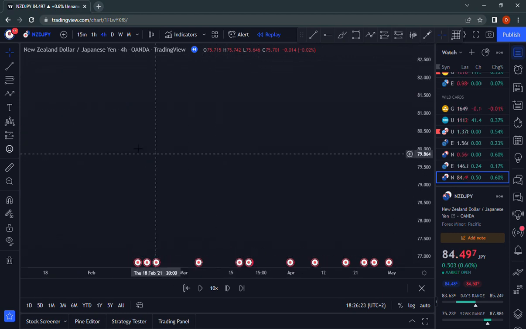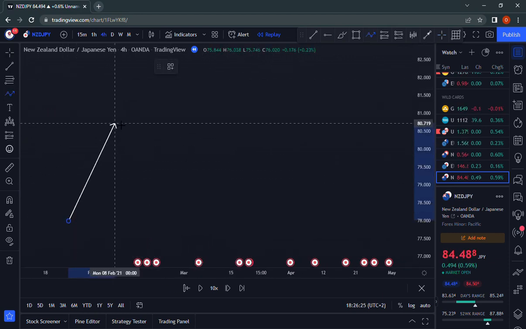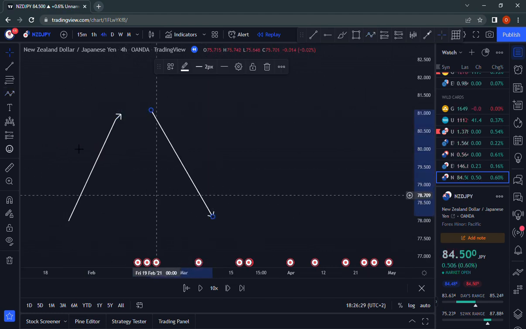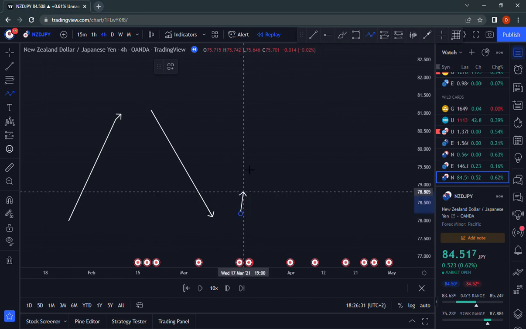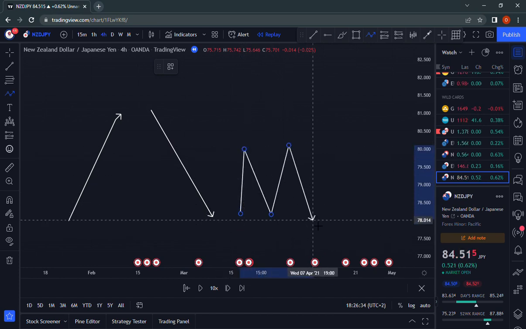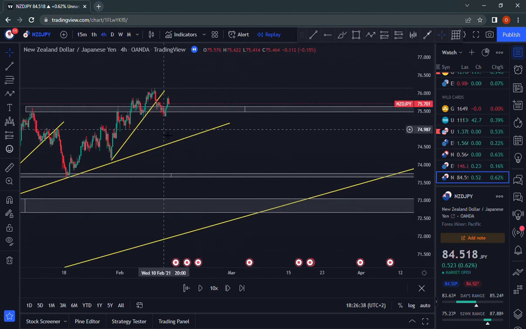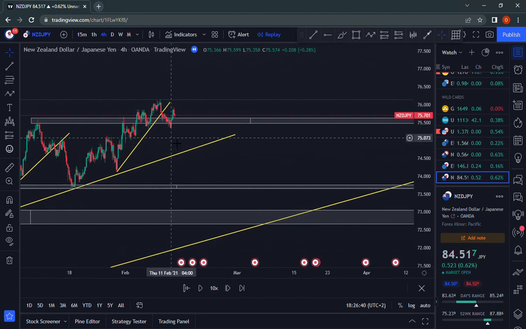That's why you'll find that the 4 hour can be going up, the 1 hour can be going down, and the daily can be doing something like this. So it is about, are you on the right side of the market?